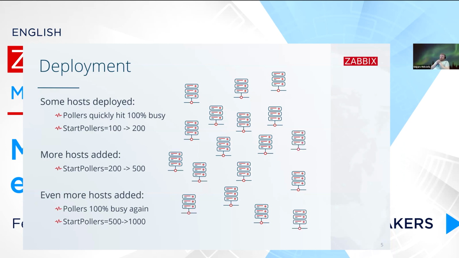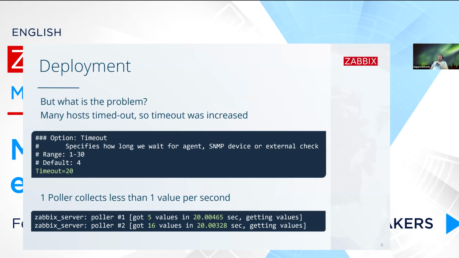1,000 pollers, still a problem, and they had not even set up all of the hosts they wanted to monitor. So we started investigating. Some hosts were also timing out often, and they really were responding that slowly. We ended up increasing the timeout to 20 seconds, and this, of course, did not help with poller busyness.